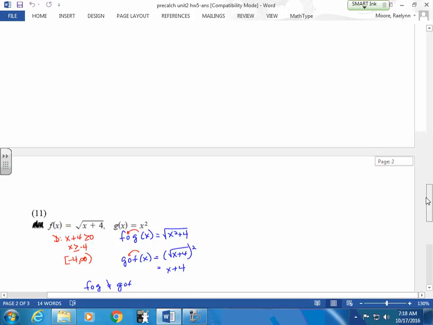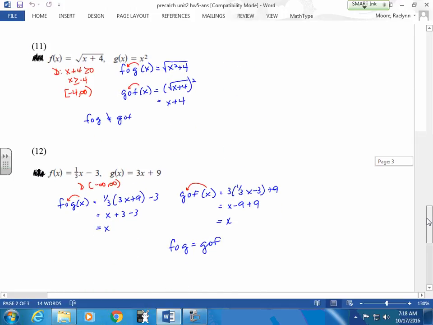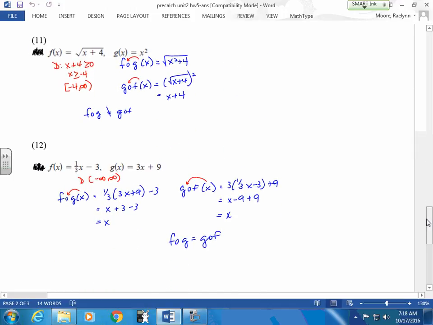Okay. Did I give you 11? 11 and 12? Okay. So in 11 and 12, you had to do f of g and g of f, and then you had to tell me if they were the same graph, if they were equal to each other. And they're not in that case, and in this case, they are.